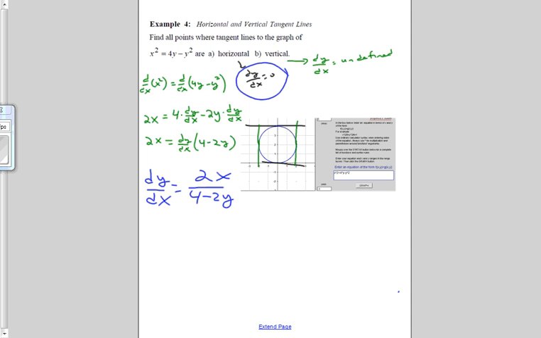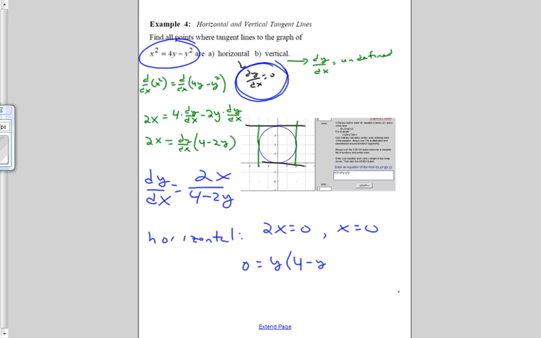So for us to have a horizontal line, again, the numerator has to be 0. So when does 2x equal 0? That's going to happen when x equals 0. And what are my y values there? Well, if I put 0 into my equation, I have 0 equals, factoring out a y, y times (4 minus y).